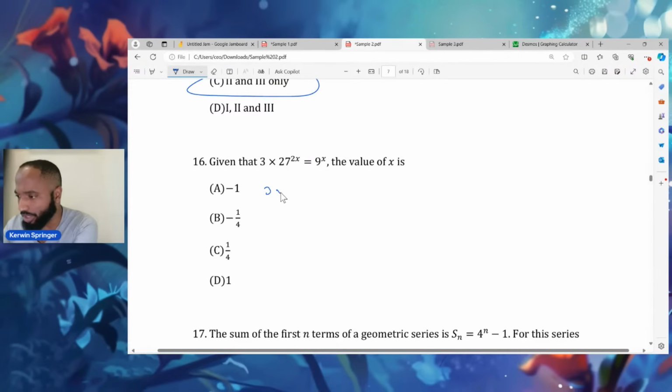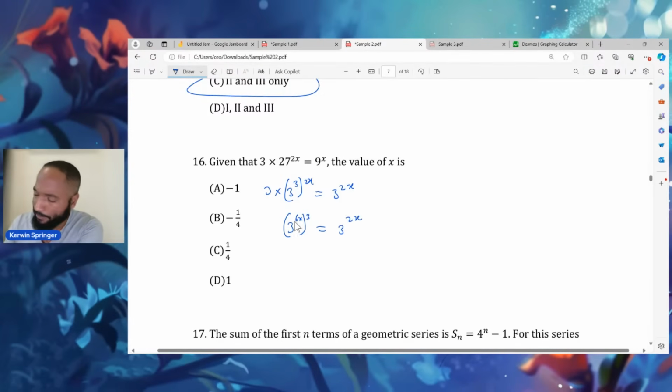So what I could do is do 3 by 3 to the power of 3. 3 to the power of 3 is 27, right? And you notice how that is showing up in the multiple choice. 3 squared x, bring up that 3, so 3 by that is 6x. And this is 3 to the power of 2x. 3 by 2x is 6x.